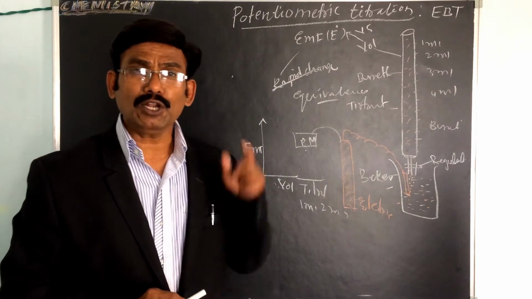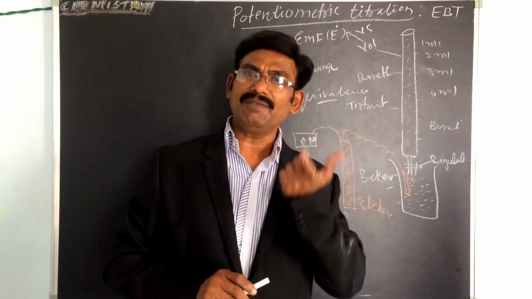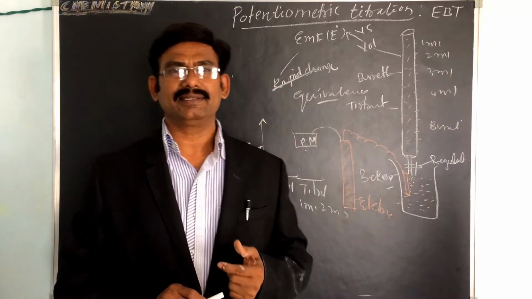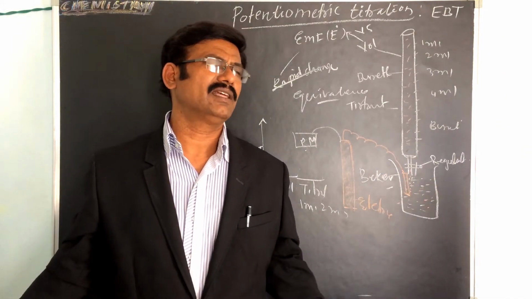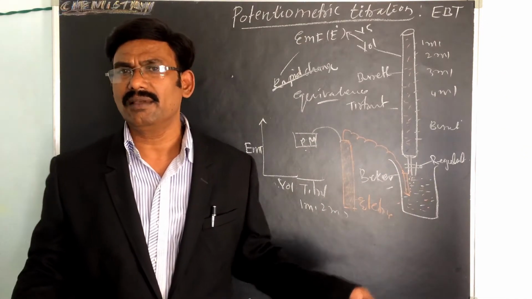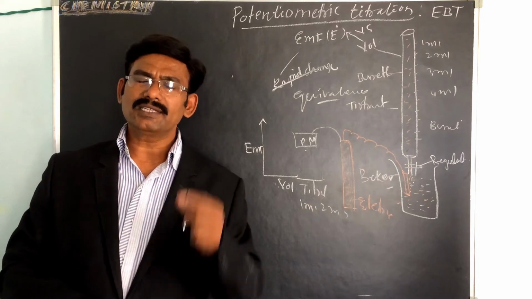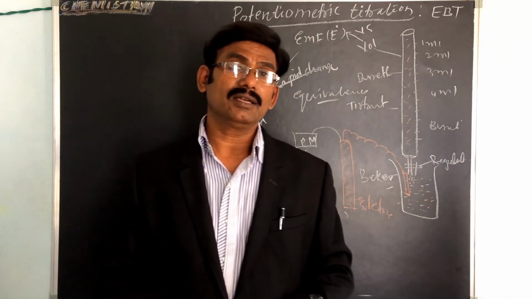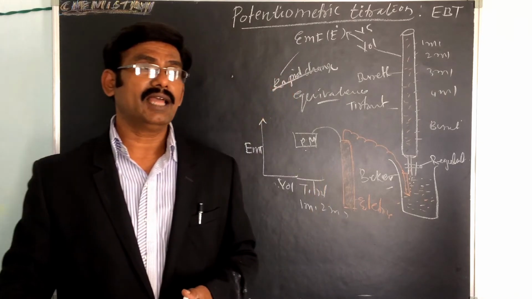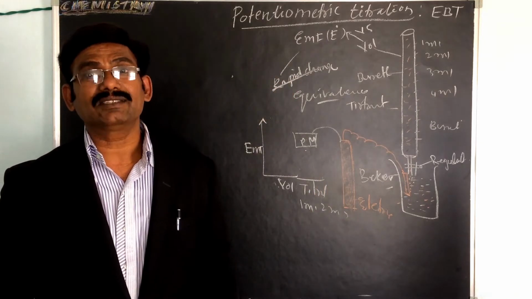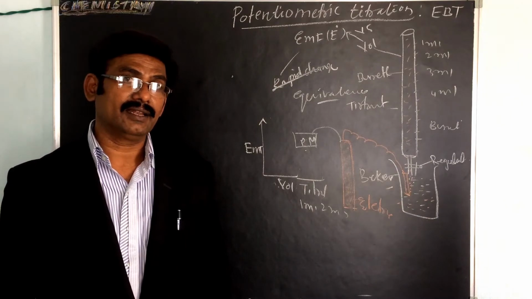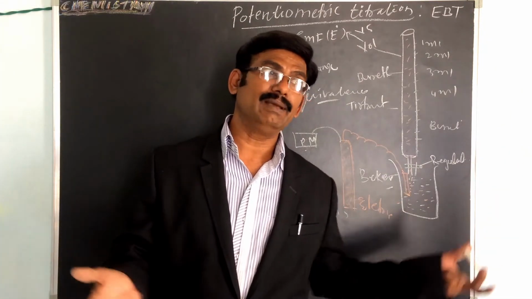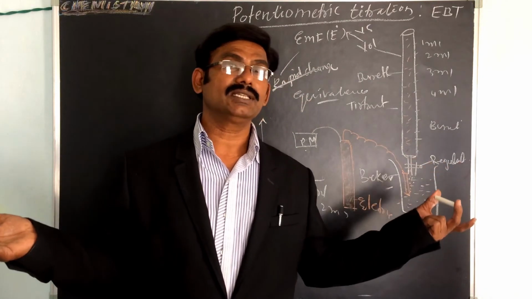Potentiometric titrations are subdivided in terms of chemical reactions. Different types of chemical reactions are there, many reactions in chemistry. They are acid-base titration, redox titration, precipitate titration. Redox reactions we know; acid-base, strong acid versus strong base like HCl.